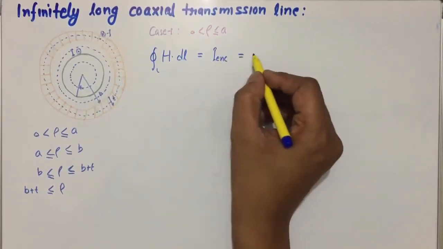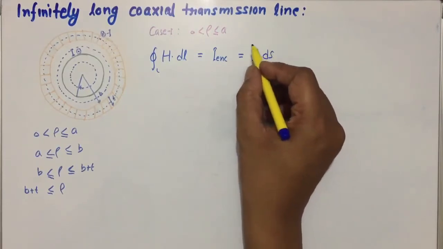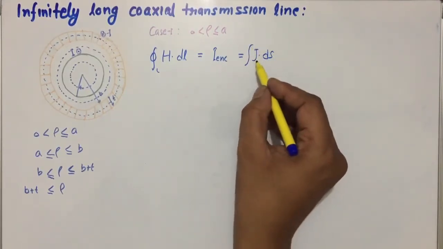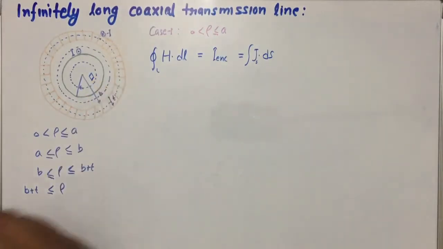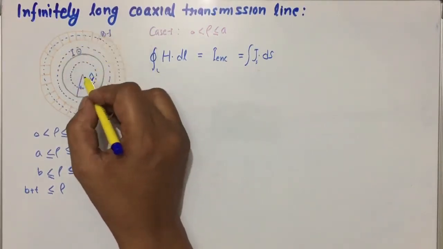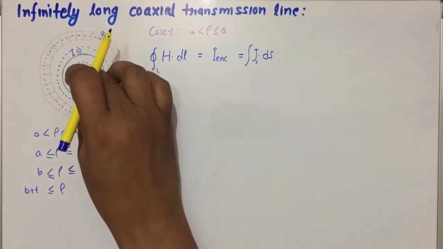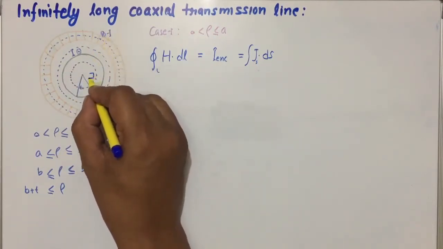If the current density is considered as J over the surface, then we can write the enclosed current as the integral of J dot ds, and consider any surface like this.